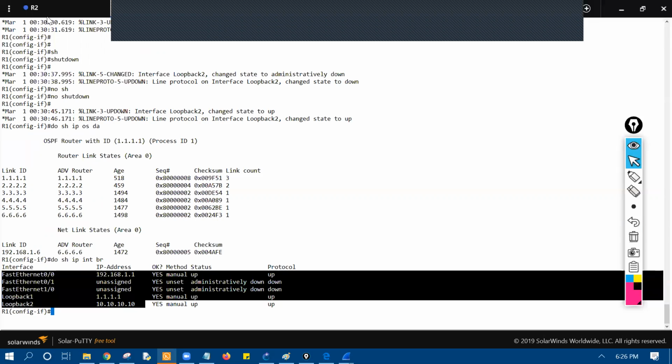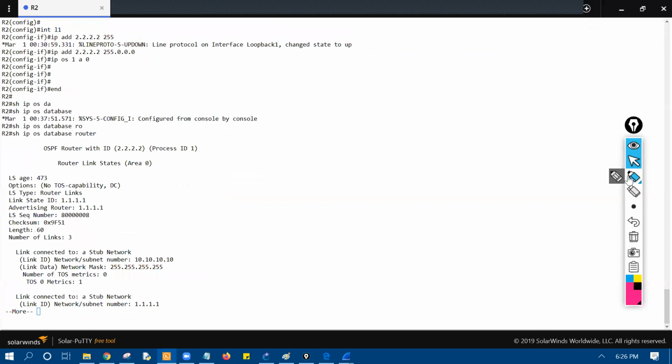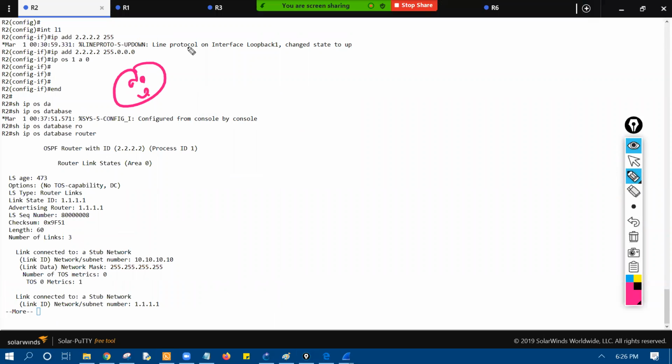If you go to the R2 router right now, take router 2 as an example. This is the network engineer sitting on the R2 router, and let's see how I'm going to draw the topology. This is Anup, and Anup is going to draw the topology based on the database table by sitting on the R2 router.